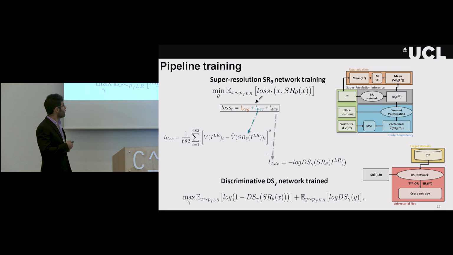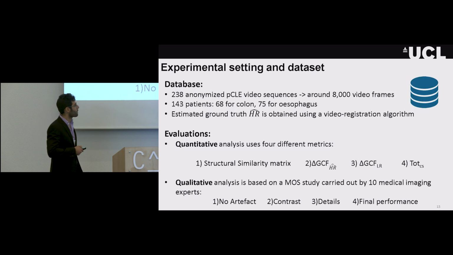Instead, regarding the discriminative loss function, we want to optimize the network so that it can recognize the images from the target domain and the images produced by the super-resolved network.